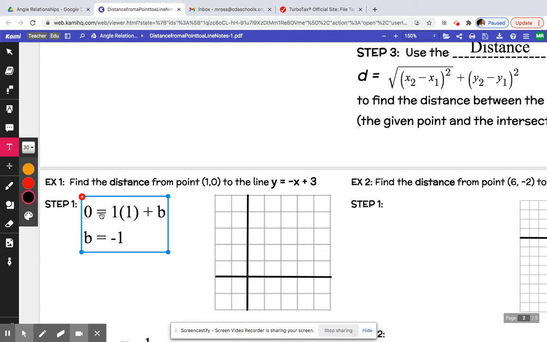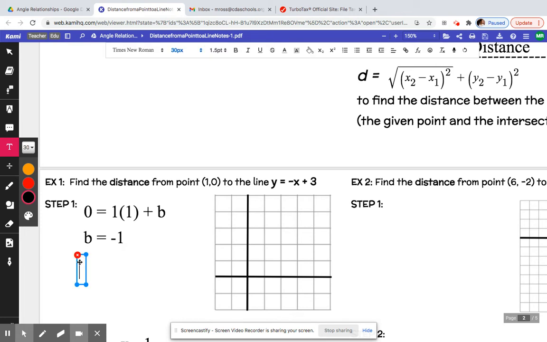The first thing we have to do is create the perpendicular equation to y equals negative x plus 3. Your perpendicular equation is going to be y equals x plus your new b, because we flipped the negative 1 over 1 to 1 over 1.